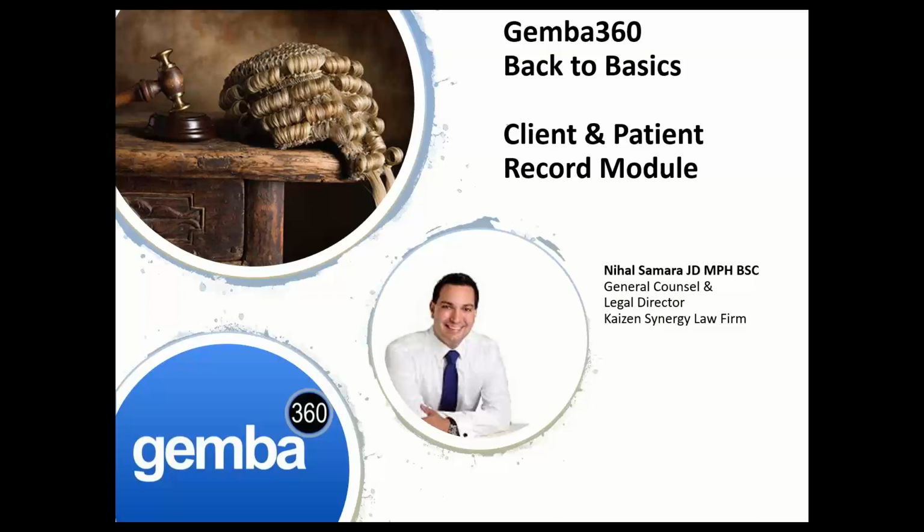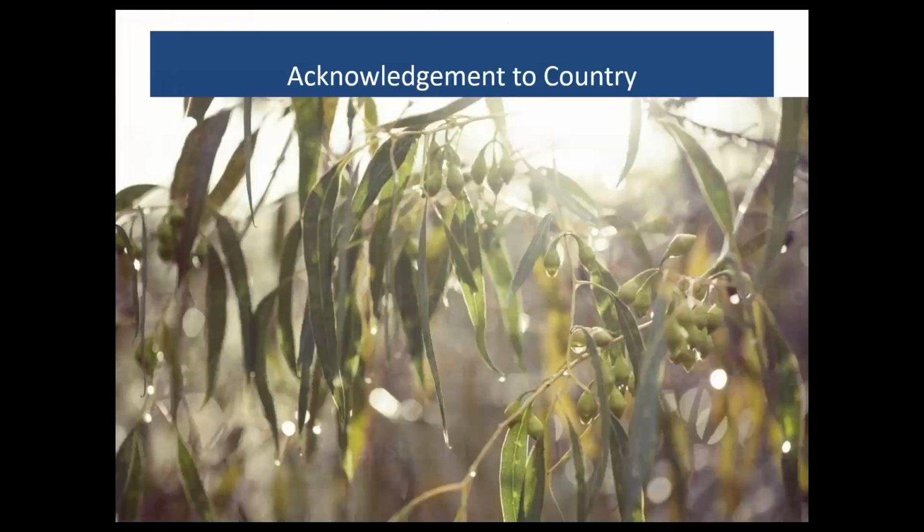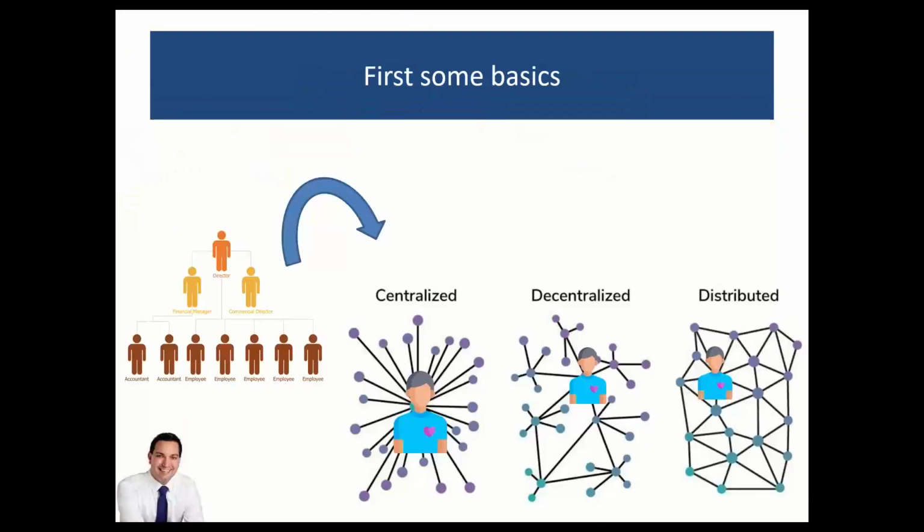So we are going to focus on an overview of the client and patient record module. We find that a lot of health record or client record systems are very much detached in the way that agencies work, and essentially very transactional in the way that agencies are required to provide services to clients or patients.